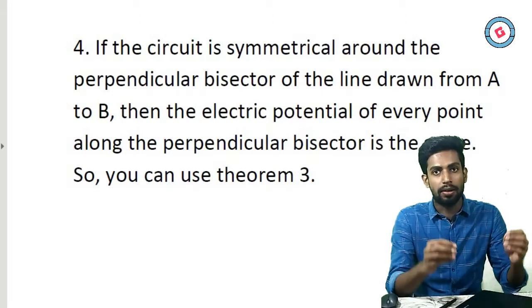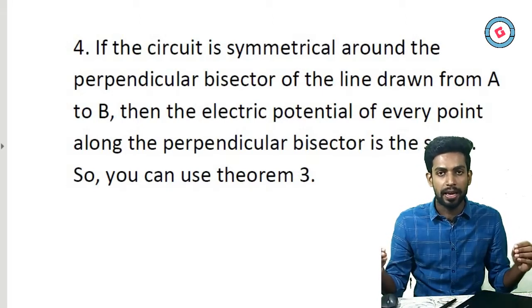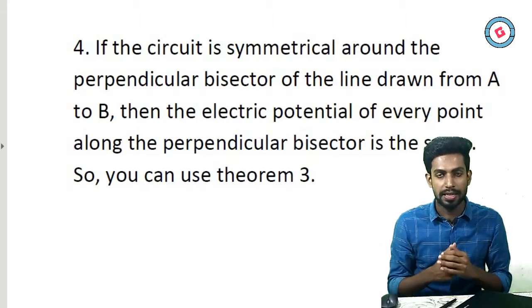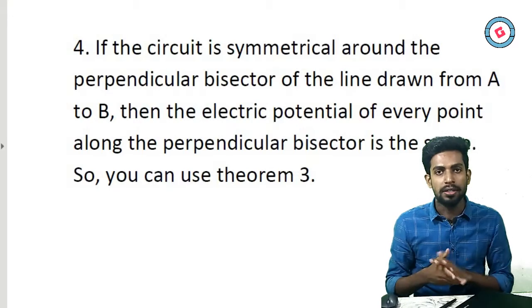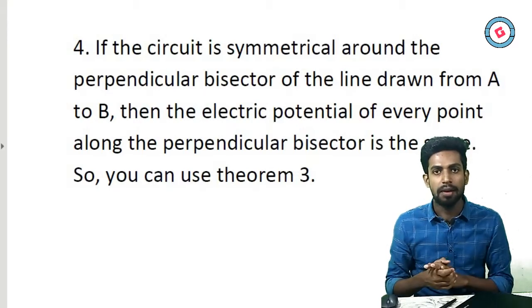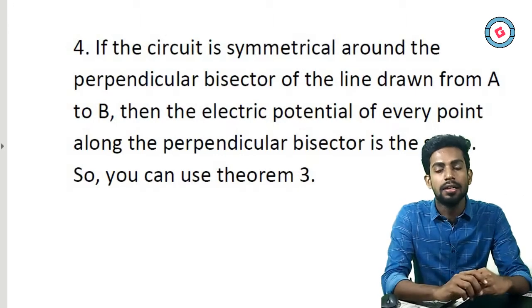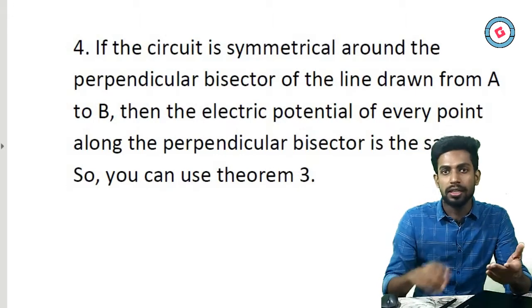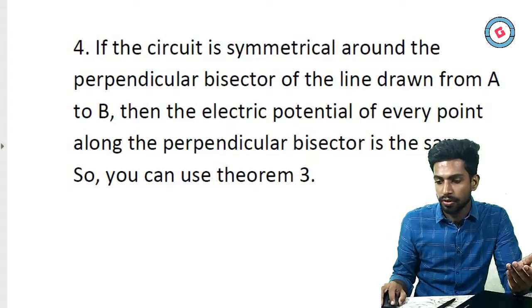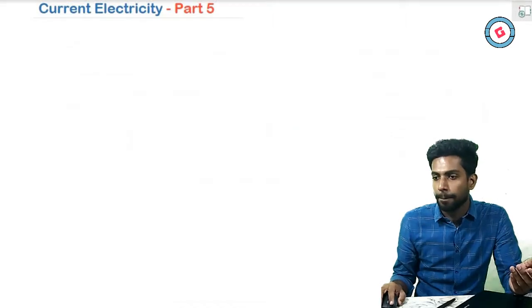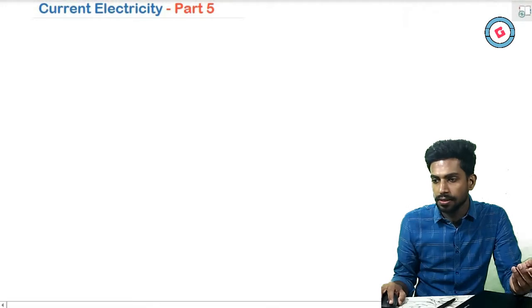It says that if AB's perpendicular bisector is a symmetrical axis, then all the points of that perpendicular bisector have the same electrical potential. So you can use theorem number 3. For example, let's take this.